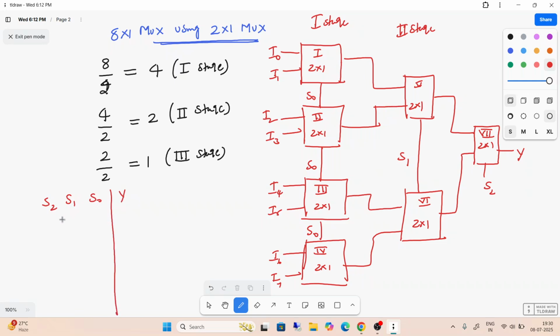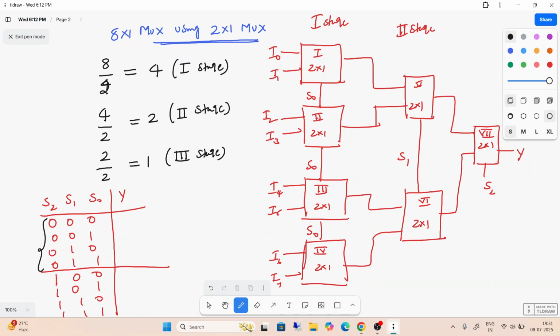Three inputs, how many possible combinations? 8 possible combinations: 000, 001, 010, 011, 100, 101, 110, 111. Suppose it is 000.